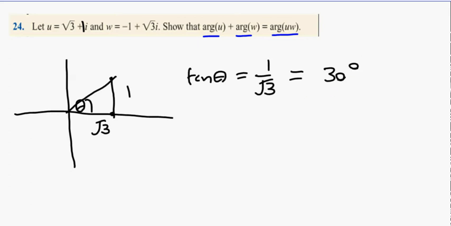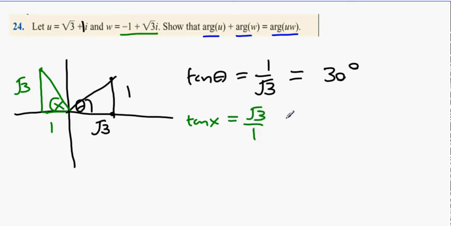On the next one, it's minus 1, which is left 1, and up root 3. So it's a much steeper angle this time. So we'll call this x. Tan x is root 3 over 1, and that equals 60 degrees.